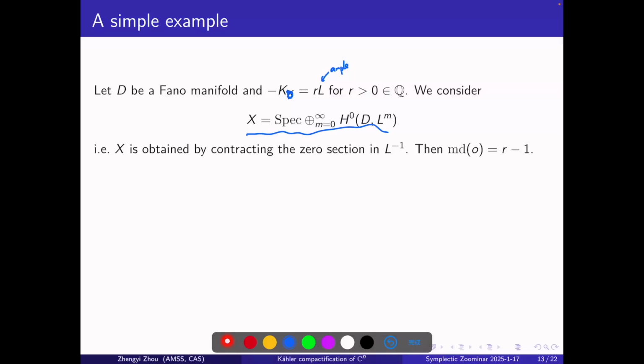And this space is the same thing as you consider this line bundle L inverse over D, and then you contract the zero section D, and you get a singularity in the center. And you can verify using the definition that the minimum discrepancy here is precisely this r minus 1.